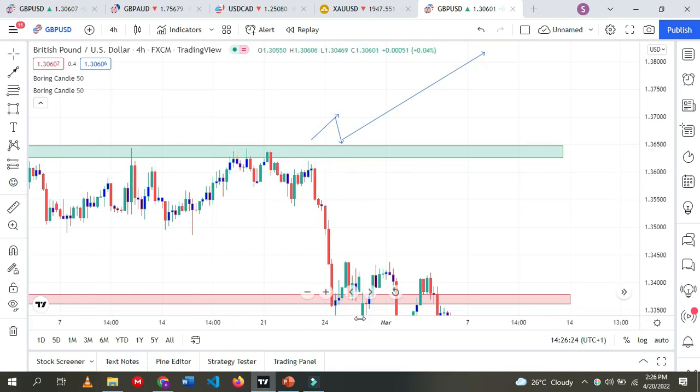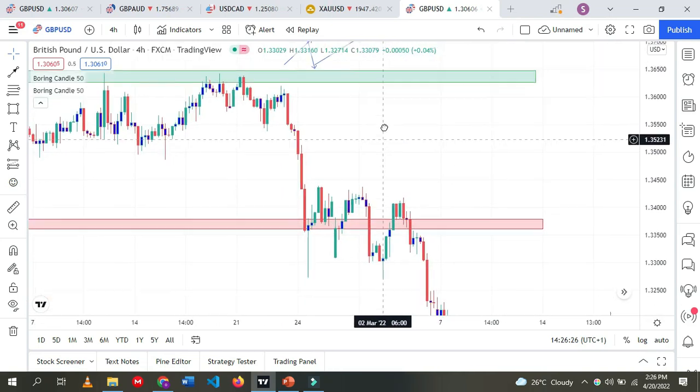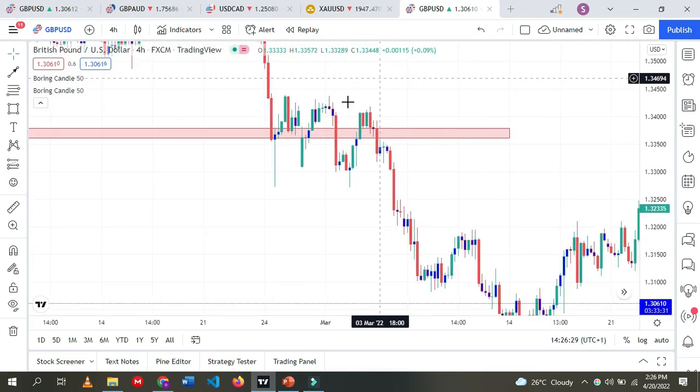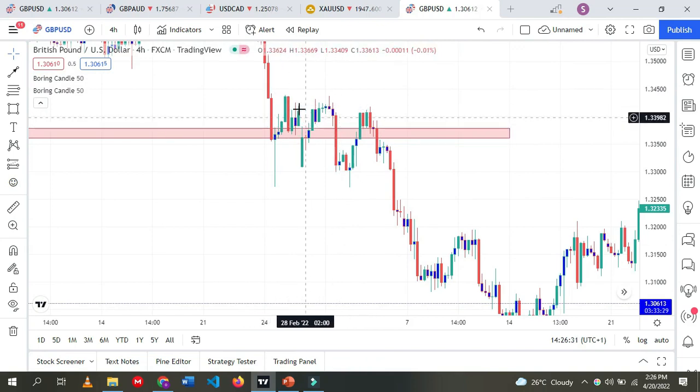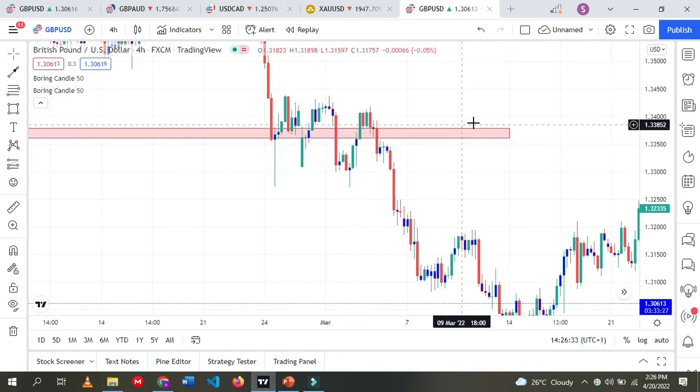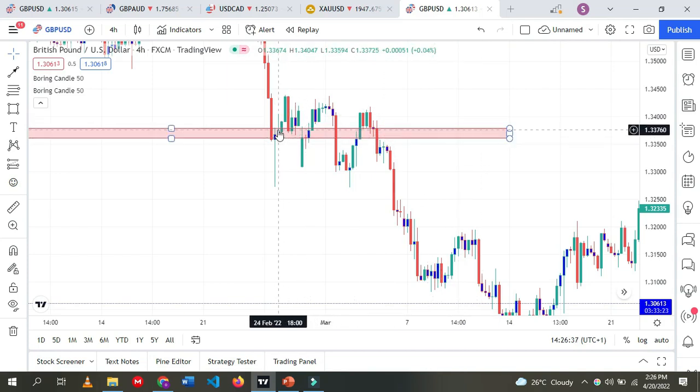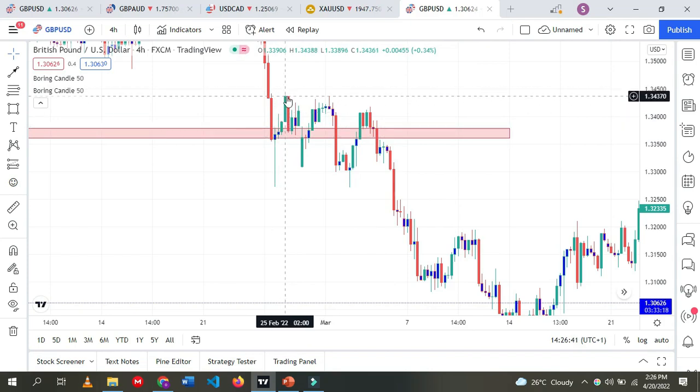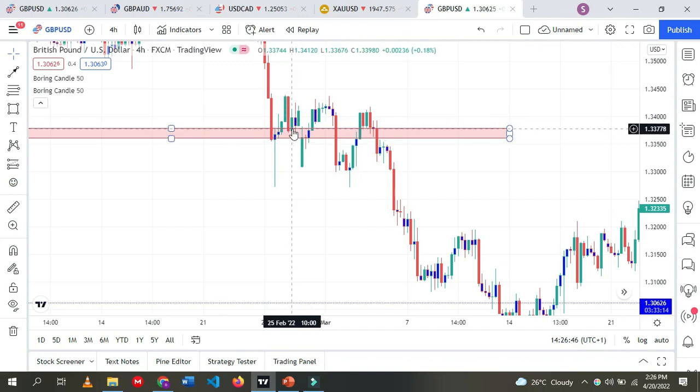Price came down, but this time around with full force, it broke this support level. When it came here, it couldn't break it at first. It went up to gather momentum, but that momentum was not enough.